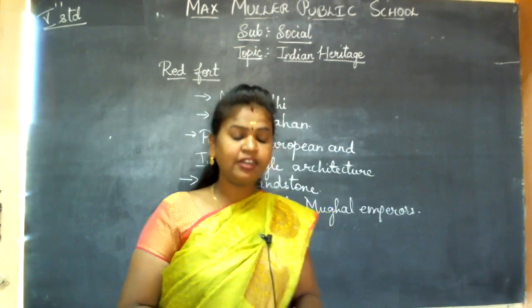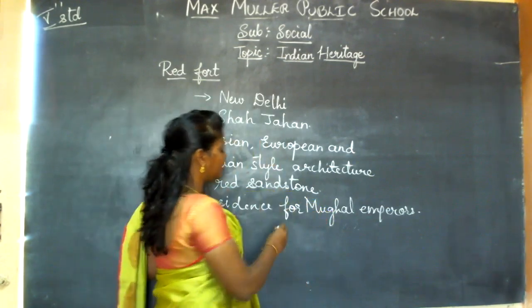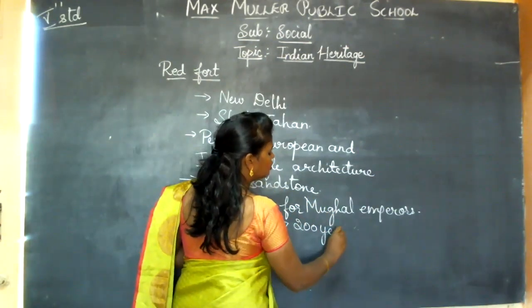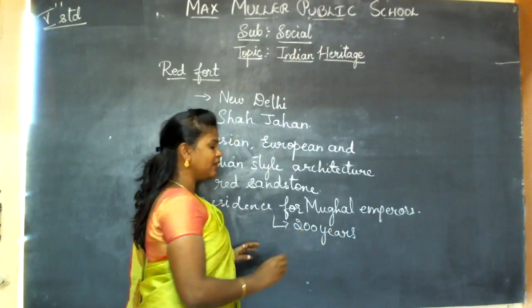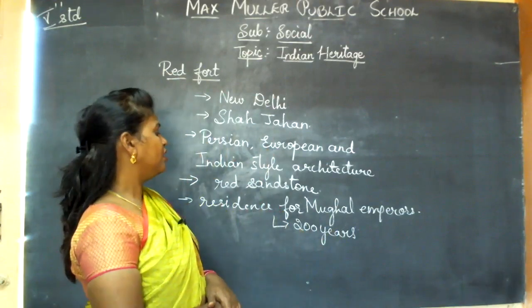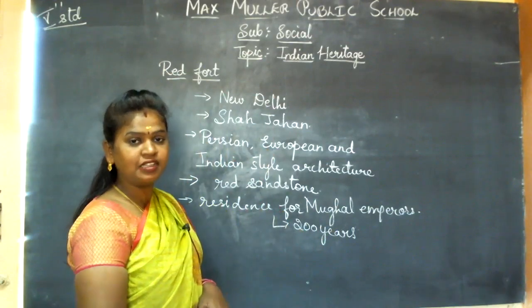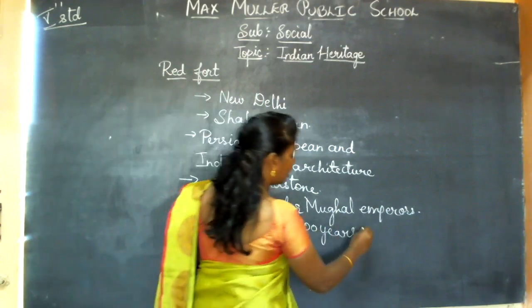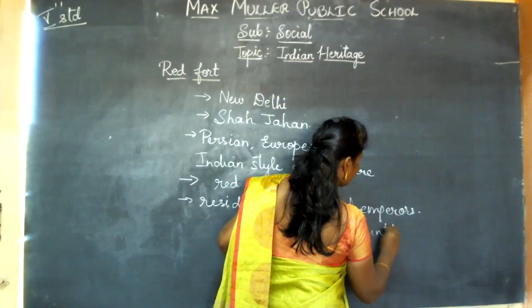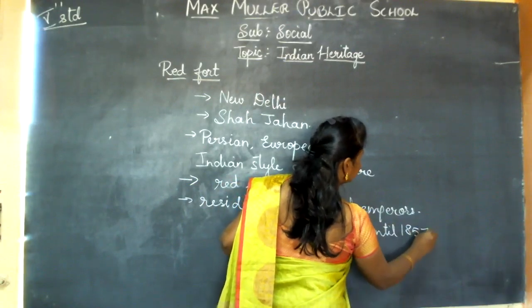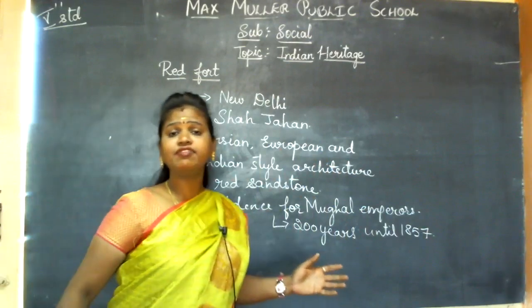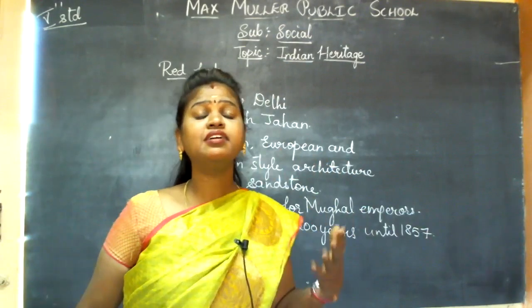And for how many years was it a residence? It was for 200 years. So the Mughal emperors were in this Red Fort for 200 years, until 1857. What happened in the year 1857?